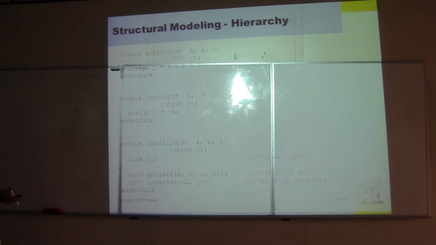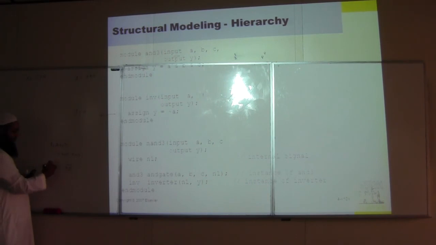This one is in this module NAND3. Here NAND3 means 3 input NAND gate. So we are implementing a NAND. You remember the NAND gate is not AND, right? So A and B with a NOT.